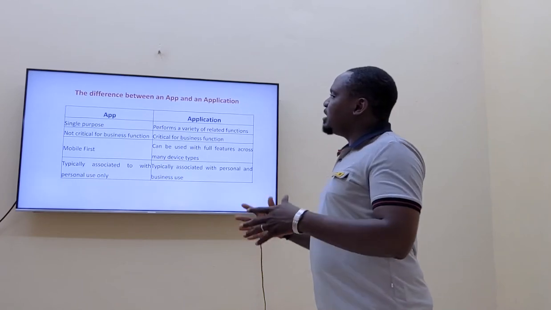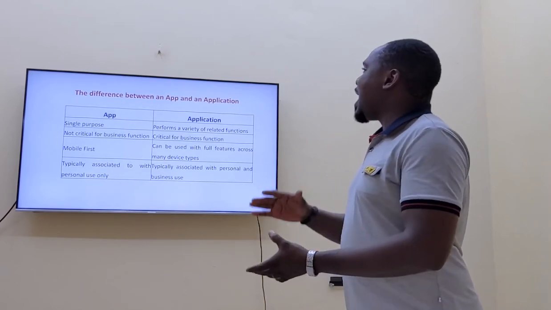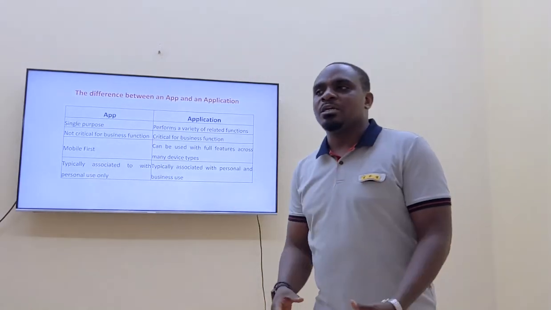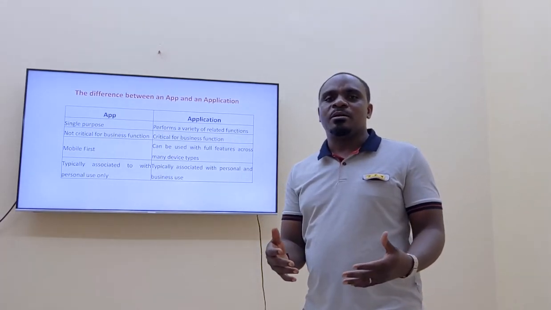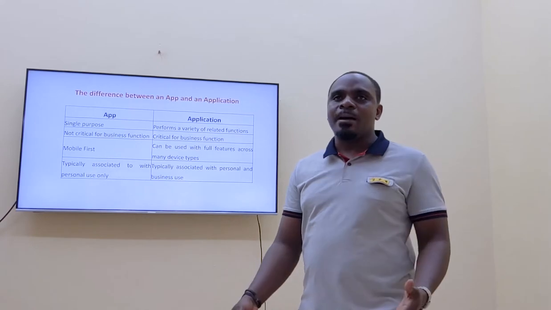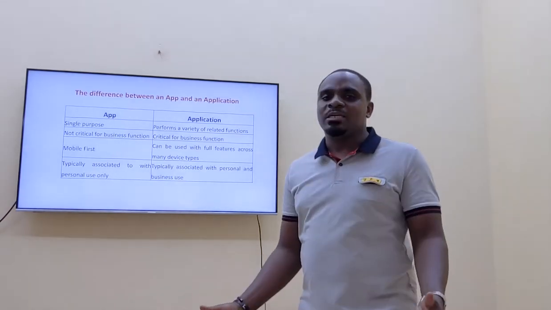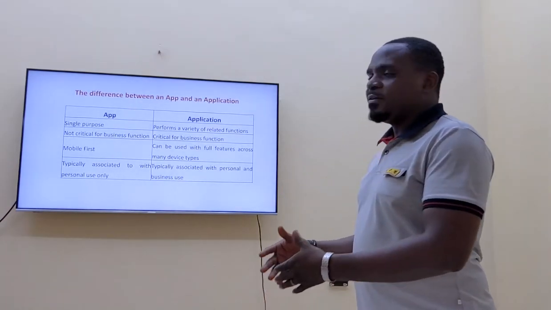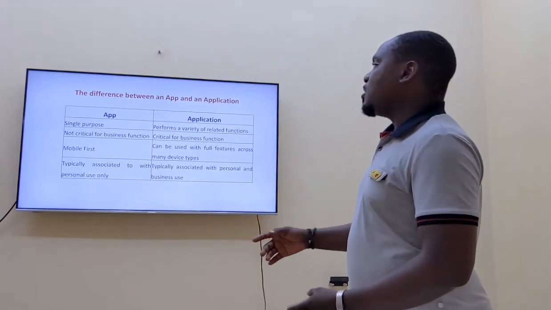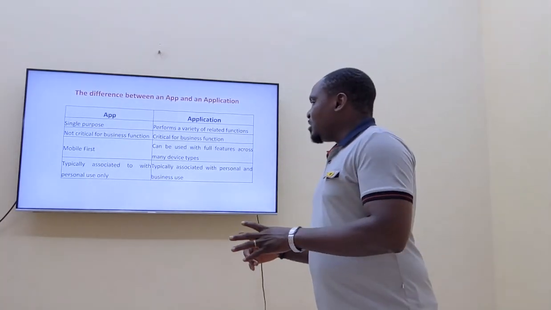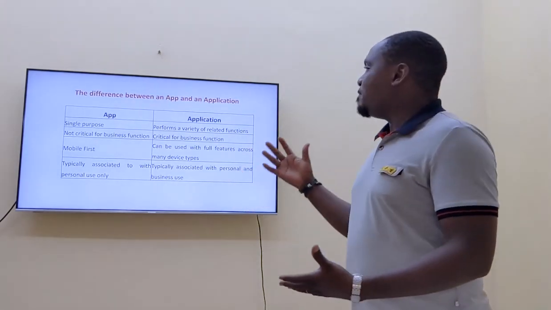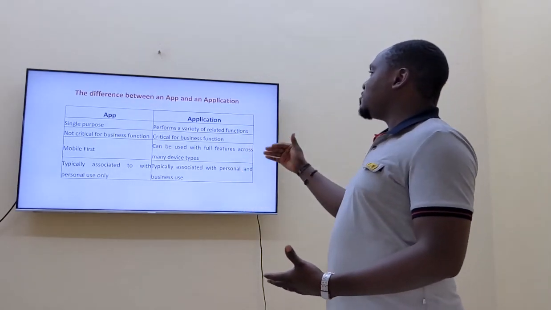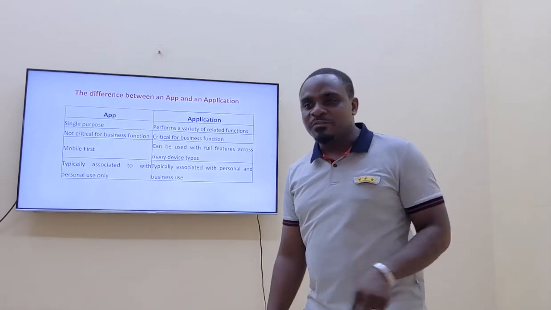Now, when we look at the difference between an app and an application, a lot of times many of us hear people talking about an app and somebody else talks about applications. These have their own differences. Now, an app is mainly for singular purposes. Meanwhile, an application performs a variety of related functions.